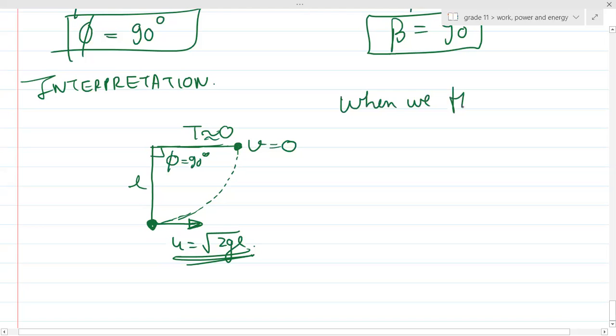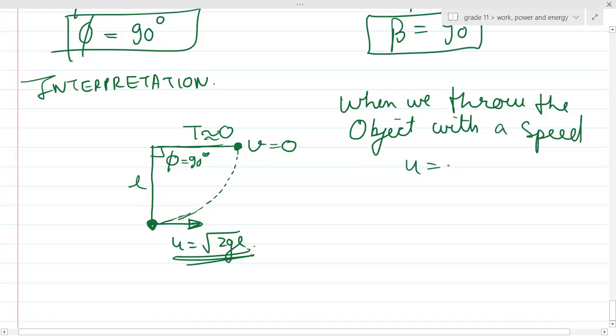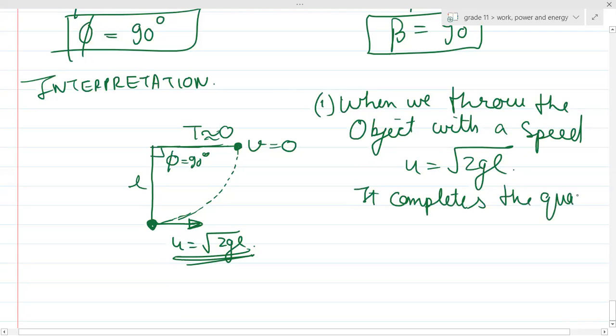When we throw the object with a speed u equal to root 2gl, it completes the quarter circle and the string becomes horizontal.